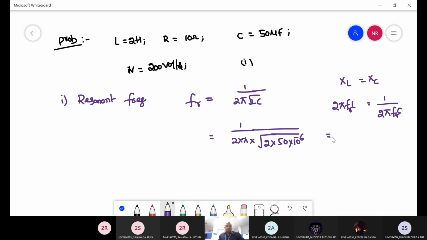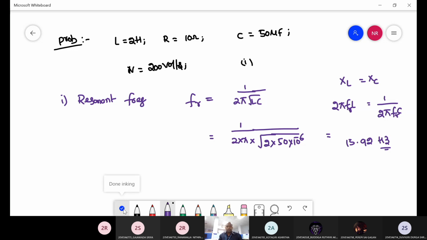Calculate. First under root of 2 into 50 into 10 to the power minus 6, into 2 into pi, then 1 divided by the answer. That is 15.923 Hz. First bit is done.